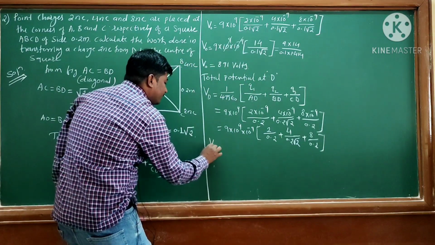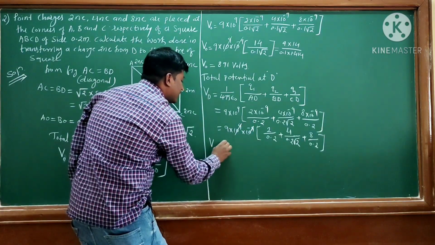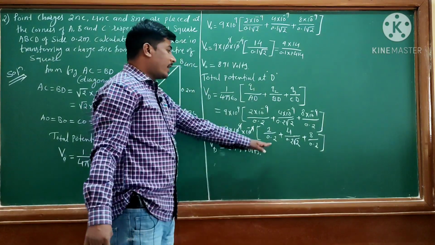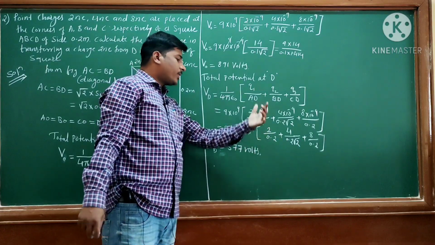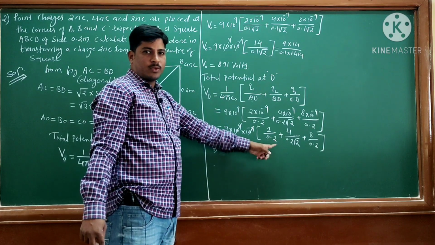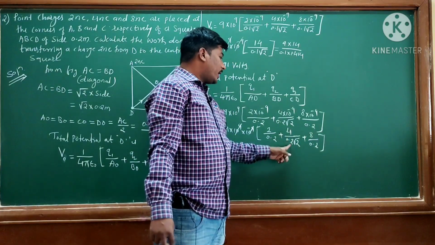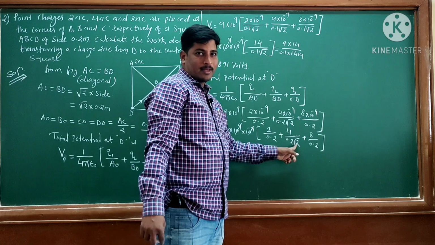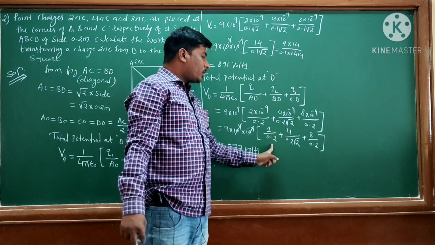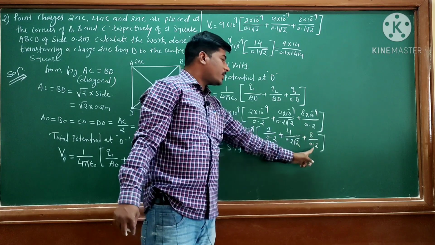Here the denominators differ from earlier, so first calculate 2 divided by 0.2, then 4 divided by 0.2 into root 2, plus 8 divided by 0.2.